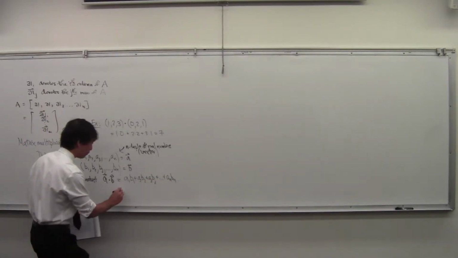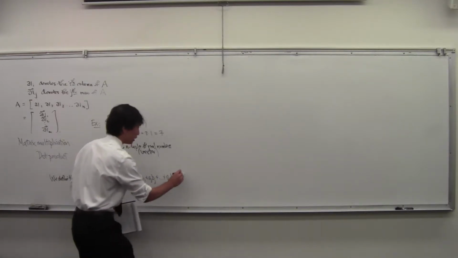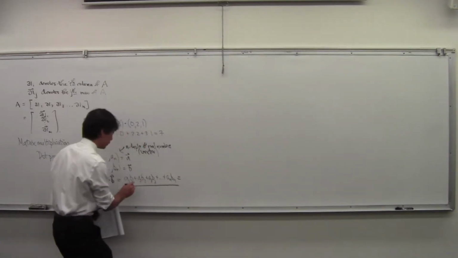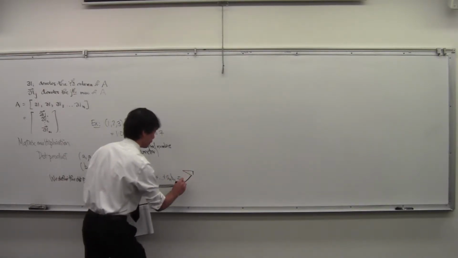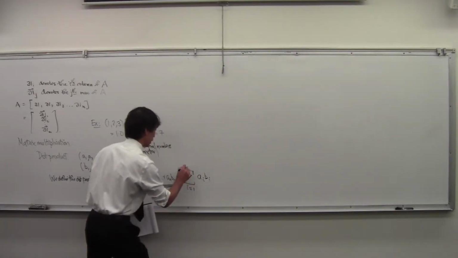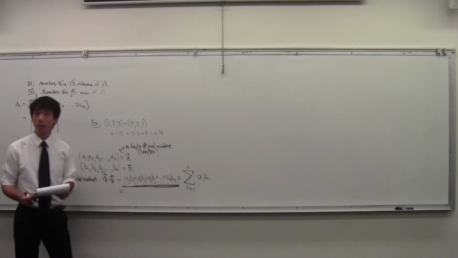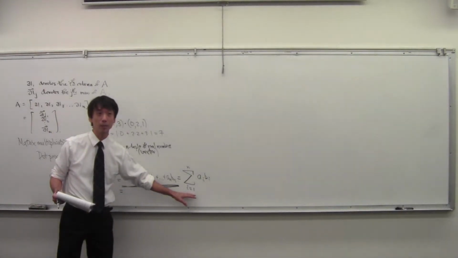Let me also write here, because I hope you know it already, the sigma notation. I can abbreviate the sum instead of writing it out. You can abbreviate this as the summation of ai bi as i goes from 1 to n. Has anybody not seen the summation notation?